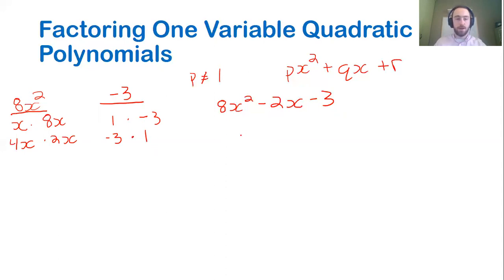Okay, now we're going to go ahead and write out our vertical factors. So x and 8x, 4x and 2x, 1 and negative 3, negative 3 and 1.